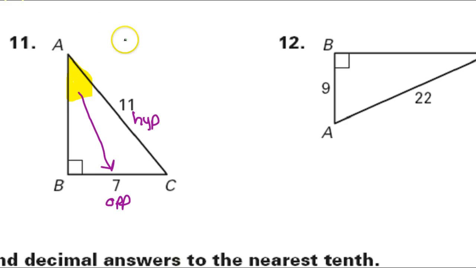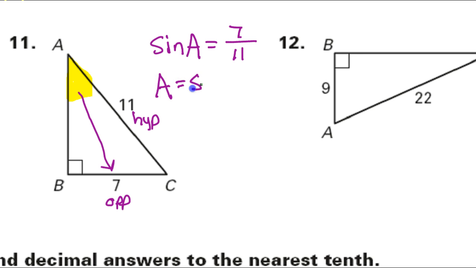Okay, so I want to see three things on your paper. I want to see the setup. Sine of angle A, opposite over hypotenuse, so 7 over 11. Do not skip that step. Alright, then that means angle A will equal the inverse sine of 7 over 11. Do not skip that either.